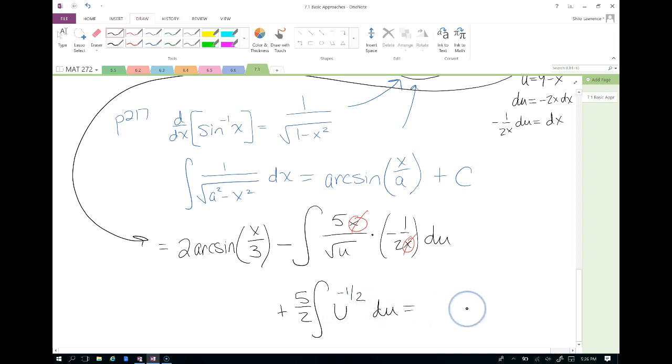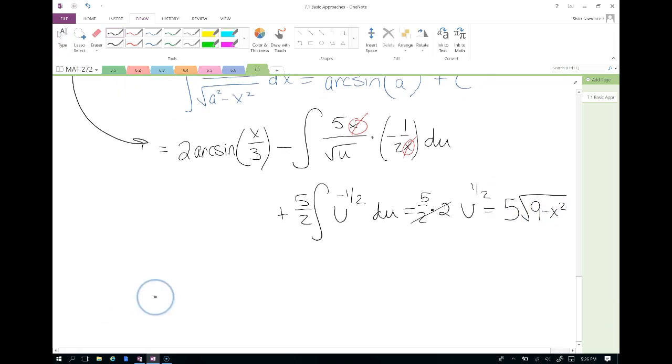So it's going to go up to u to the positive 1/2. And then remember, with power rule with antiderivatives, we take our new exponent and we flip it out front to multiply with our coefficient. So 1/2 flipped is 2. And this just ends up as 5 times our u to the 1/2. So 5 square root of 9 minus x squared.